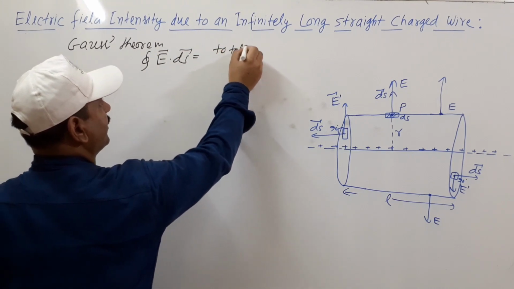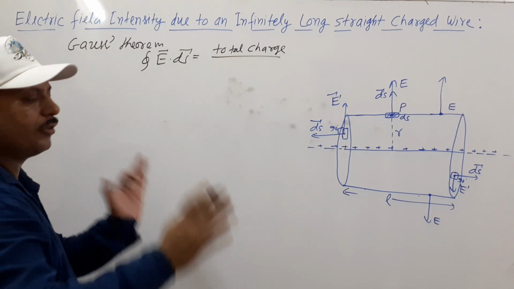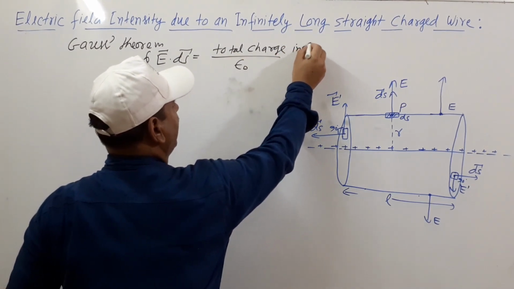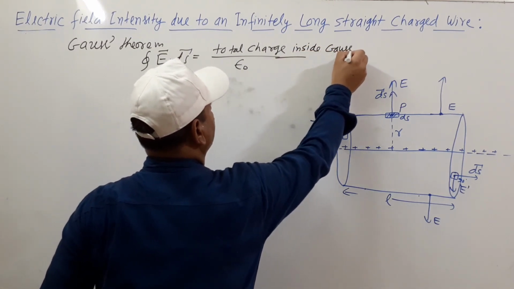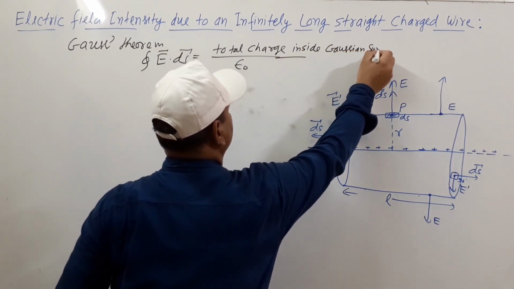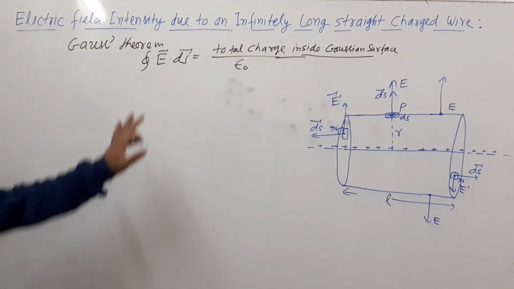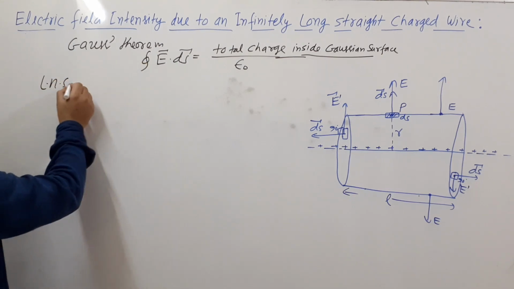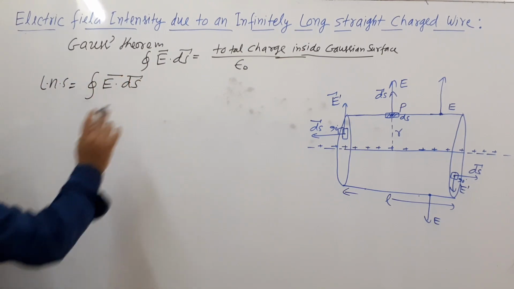Total charge inside the Gaussian surface divided by epsilon naught. If you see the LHS, left hand side, it is the integration of E dot ds for the closed surface.